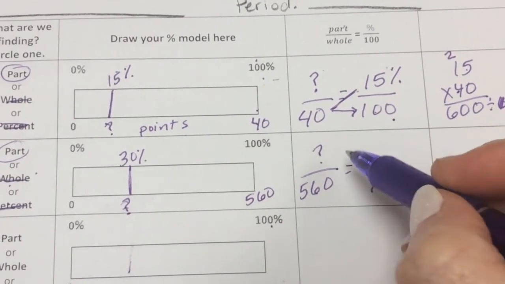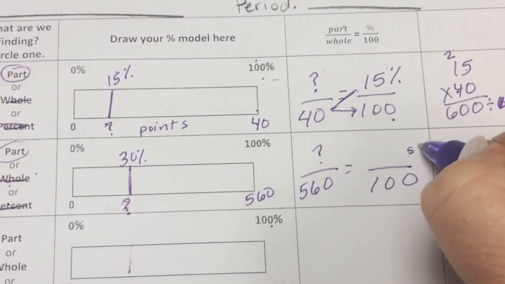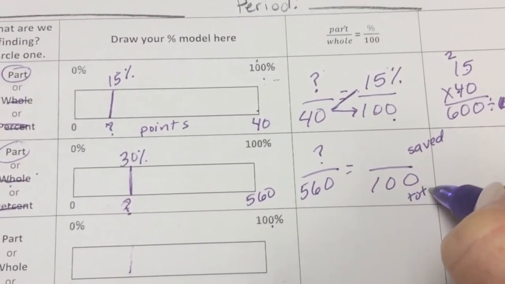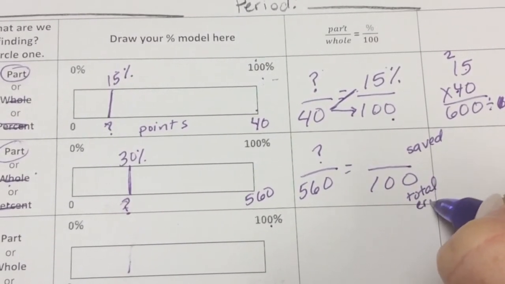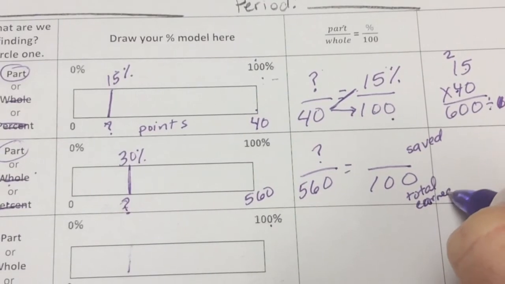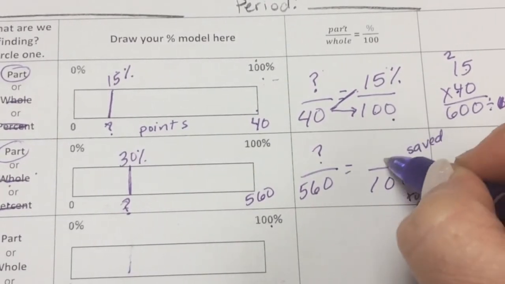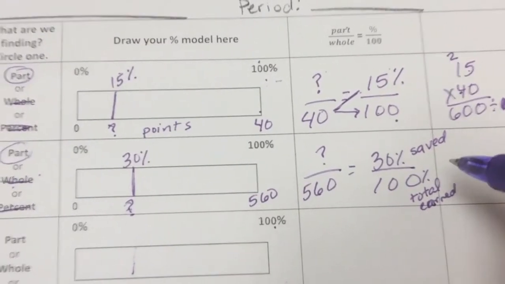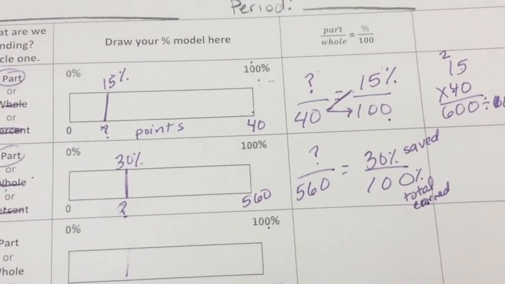The amount saved, that means that whole top row is the amount saved, and the bottom row is the total earned, E-A-R-N-E-D, sorry. Now, the part saved was 30% over 100%. So that means he saved 30 out of every $100. If he earned $560, how much did he save?